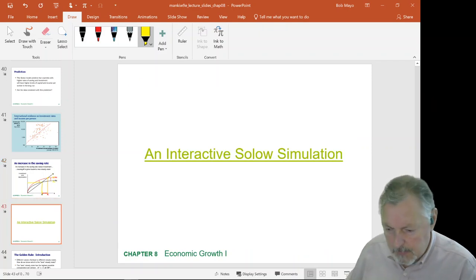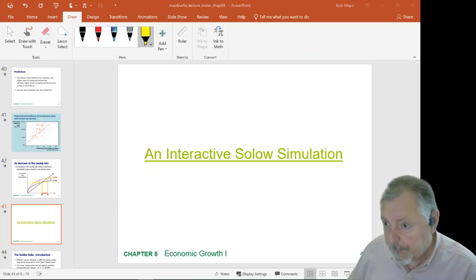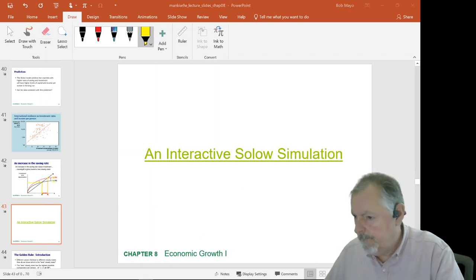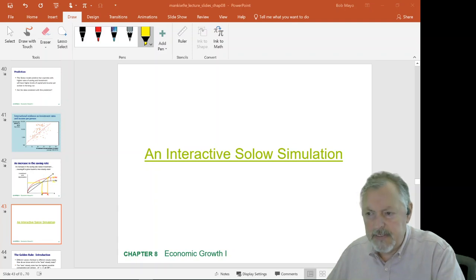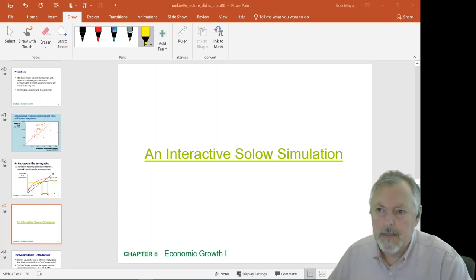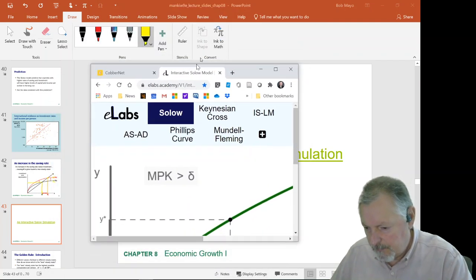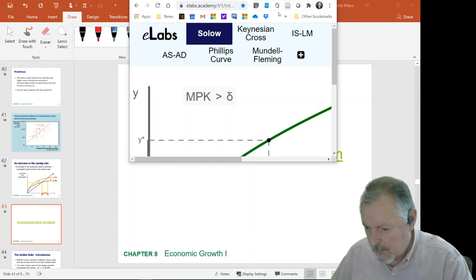This link will take you to, actually I think it takes you directly to the Solow model, but you can just back up one in the, well, I'll show you. Up here in the address bar, oh wait, you can't see that, sorry. Let me get that where you can see it.